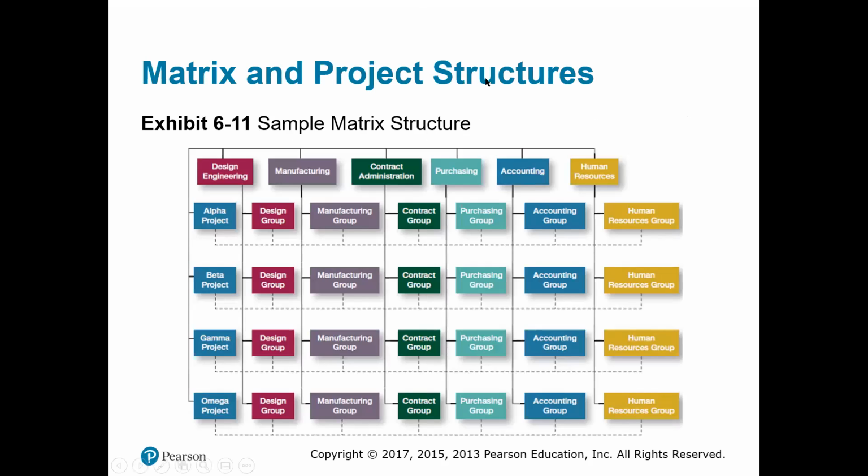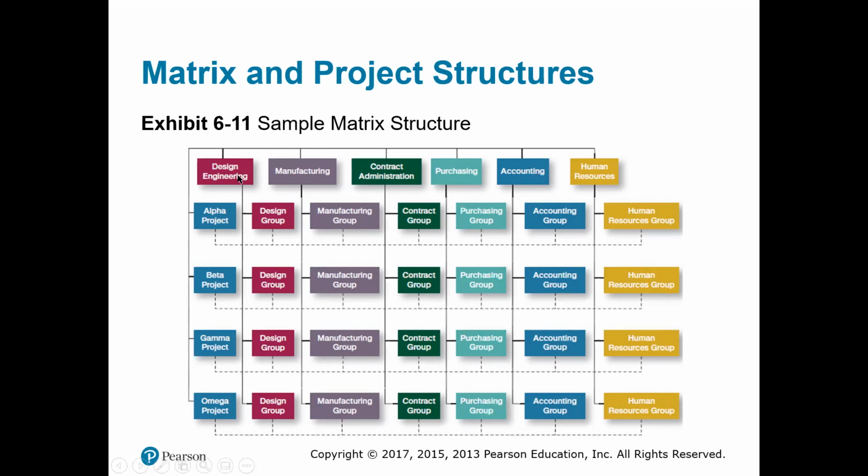Matrix organization and project structures. Now, this is another interesting way of organizing your work. This is one company, okay? This is one company having what? Design department, manufacturing department, contract administration department, purchasing department, accounting department, and human resource department. Each has a distinct color.